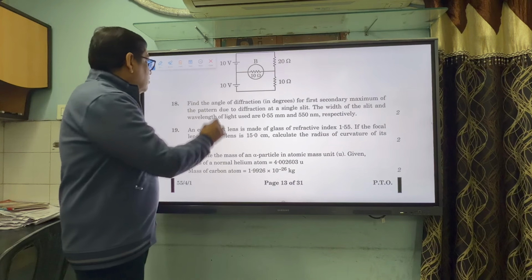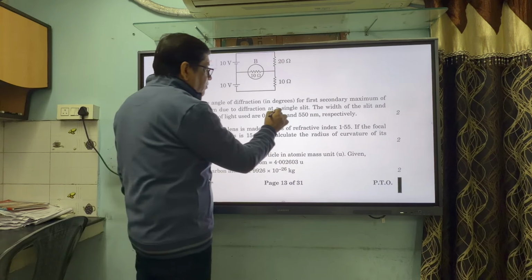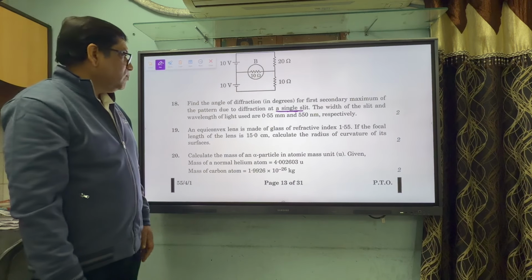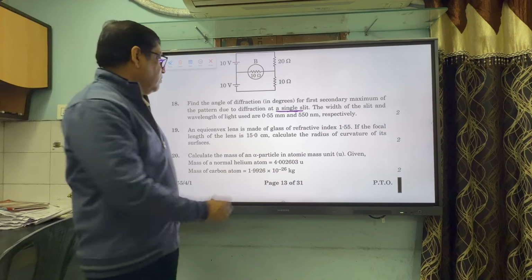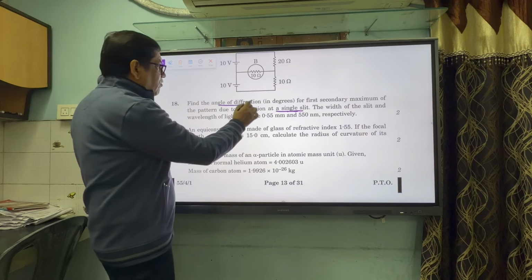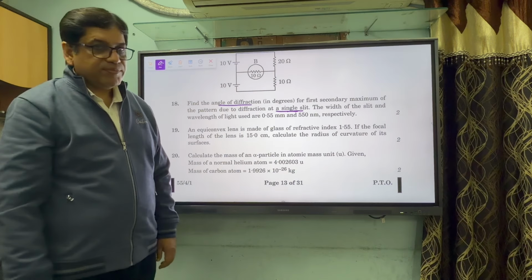Now single slit diffraction, the single slit experiment. We have to find the angular position of the first secondary maxima.